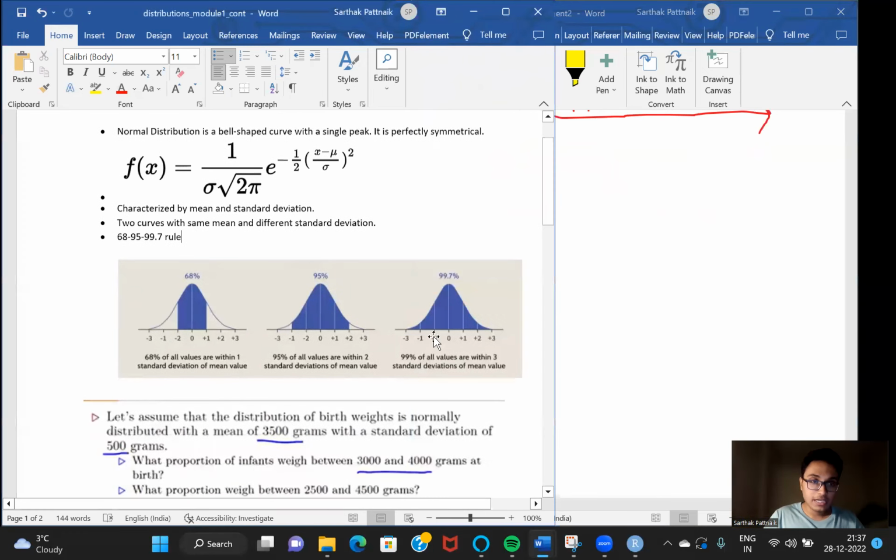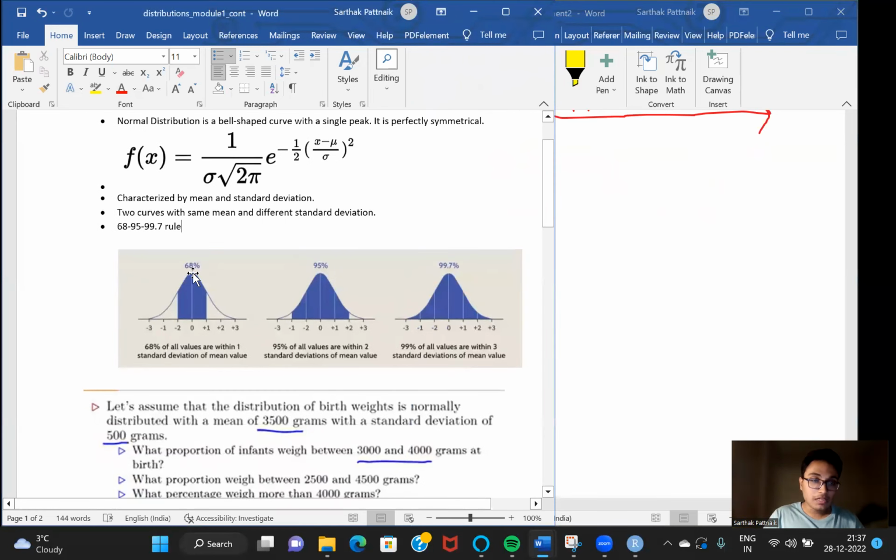So all in all, what they're saying is that 68% of all values which are part of the normal distribution lie within one standard deviation from the mean value. 95% of all values lie within two standard deviations, and 99.7% of all values lie within three standard deviations.